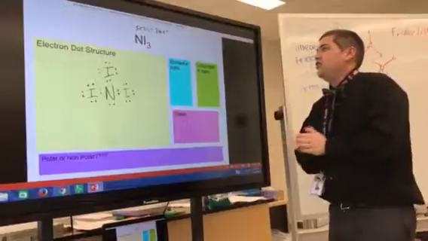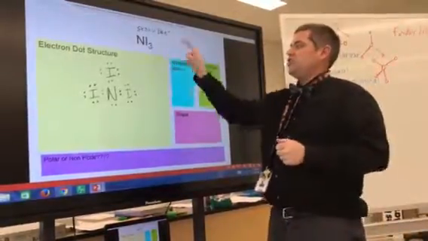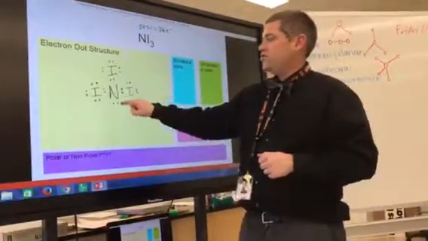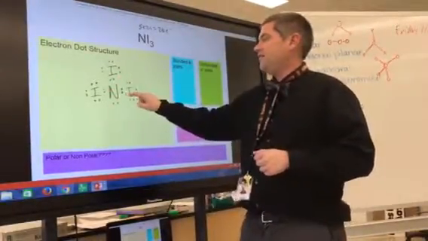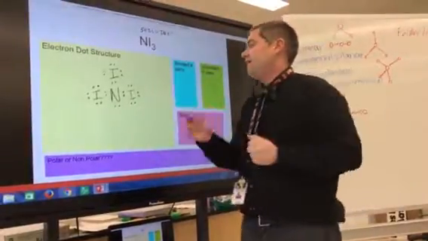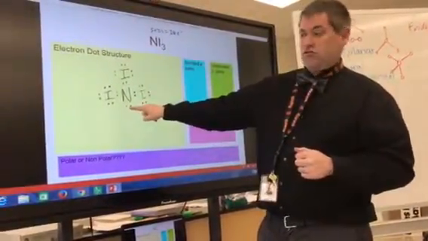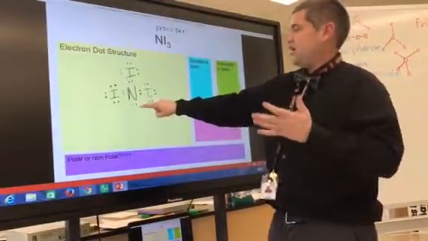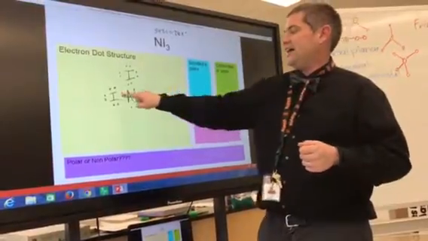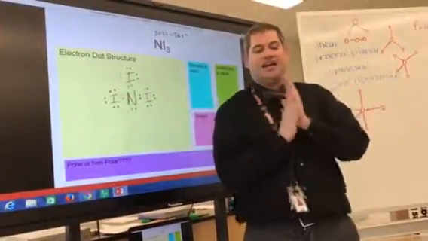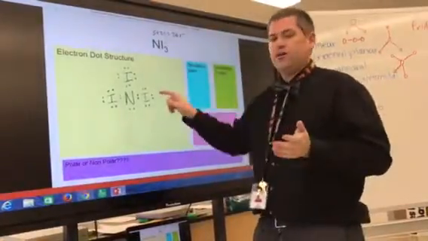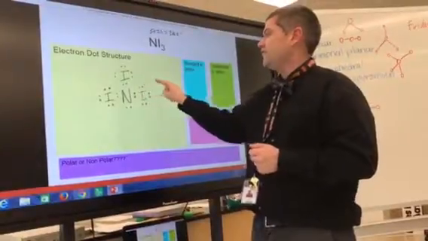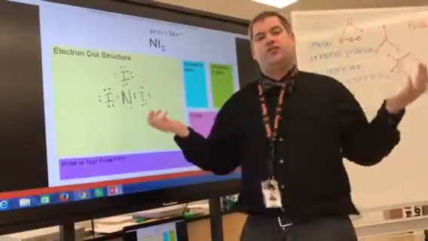Okay, a Lewis dot for NI3. You start with the N. Nitrogen has 5 valence electrons, so it's 1, 2, 3, 4, 5. And then you add, I go ahead and put my lone pair right here. So I can add I, and I has 7 valence electrons, so there's no double bonds, and I is happy because you put 1, 2, 3, 4, 5, 6, 7, and all the pairs are together.